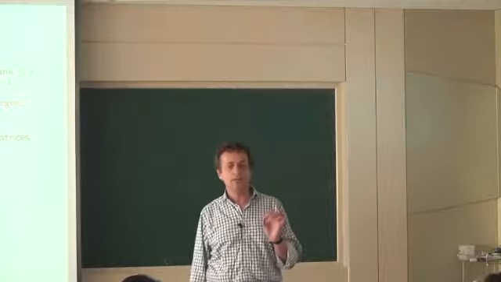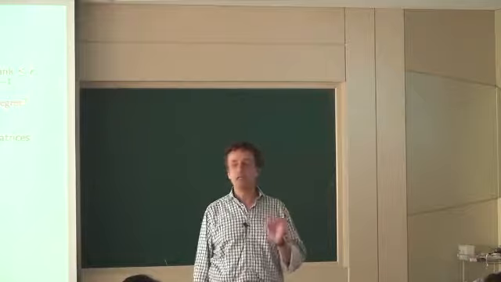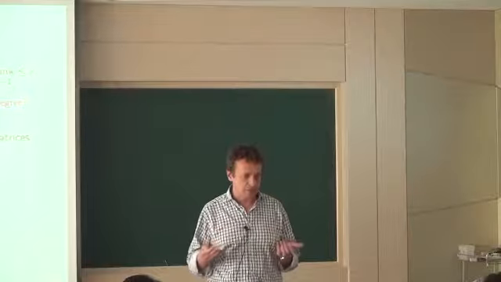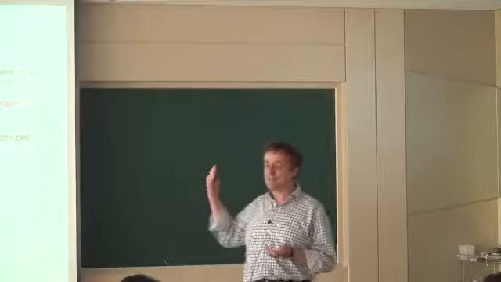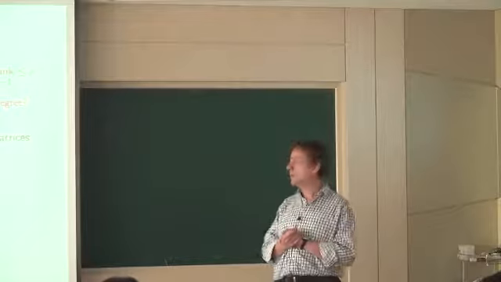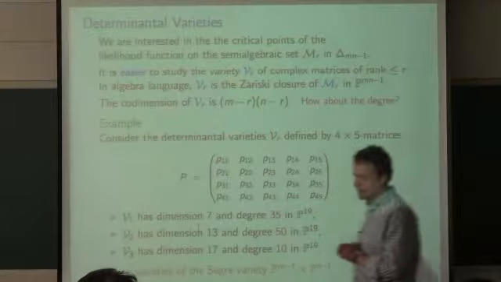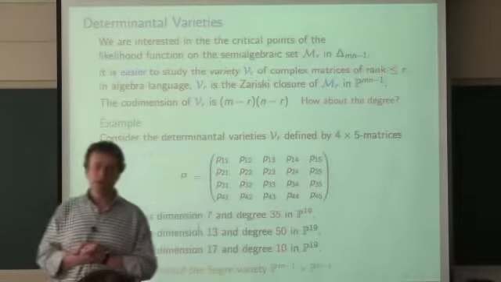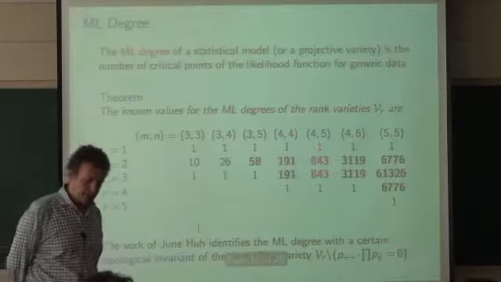So in general, there will be many factors in the Segre varieties, and there will be tensors rather than matrices. But in the study I'm reporting on today, I will only focus on 2-dimensional matrices. Okay, so those are determinantal varieties, and we're going to be interested in the algebraic complexity of maximum likelihood estimation.